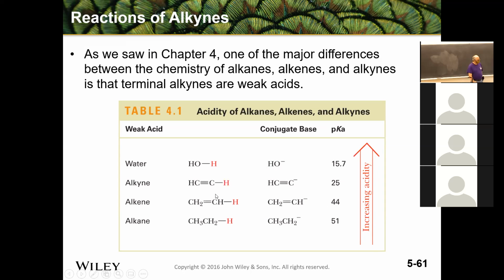While we cannot remove this terminal hydrogen from an alkyne with hydroxide, we can with the conjugate base of ammonia, NH2-. So there's a very significant difference in acidity among the alkynes, alkenes, and alkanes.